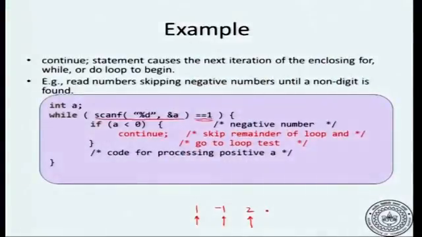For example, we are trying to read an integer with the %d specifier. When we try to read the first entry, it should succeed. When you try to read the second entry, it should succeed. When you try to read the third entry, it should succeed. In all these, scanf %d will return a 1, because one entry has been read correctly.